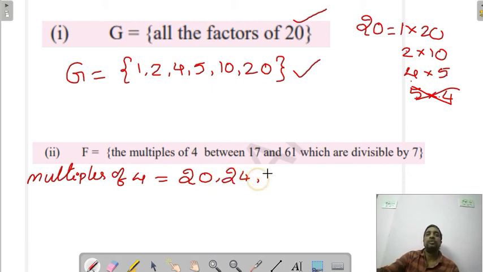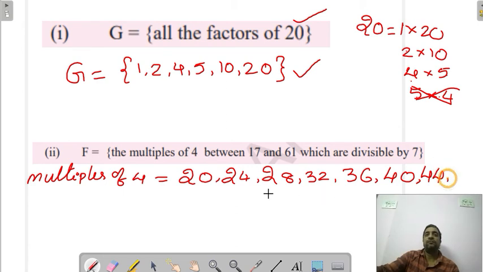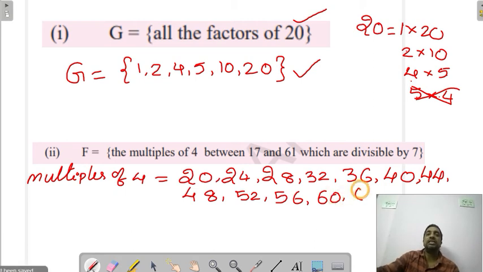4 5s are 20, 4 6s are 24. Add 4: 28, next 32, 36, 40, 44, 48, 52, 56, 60, next 64.